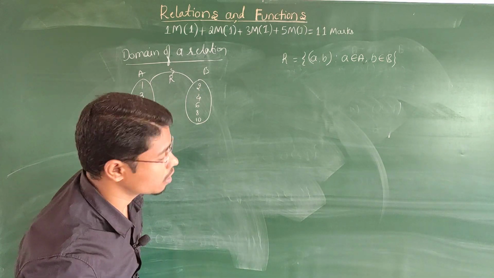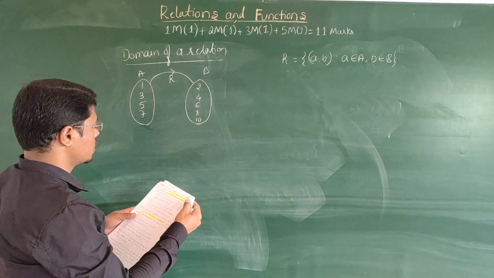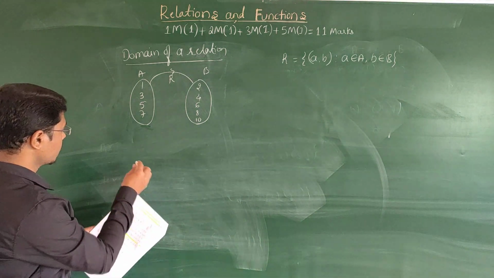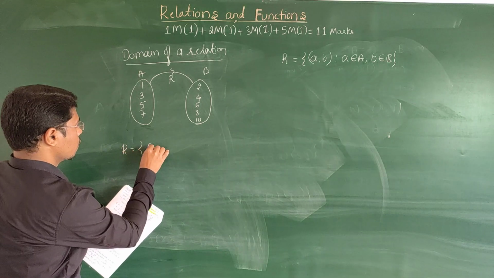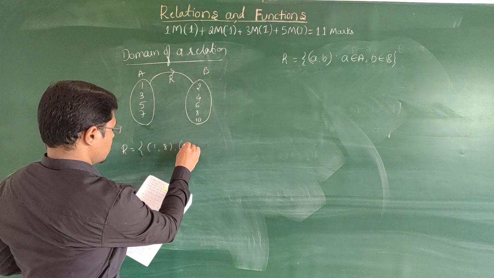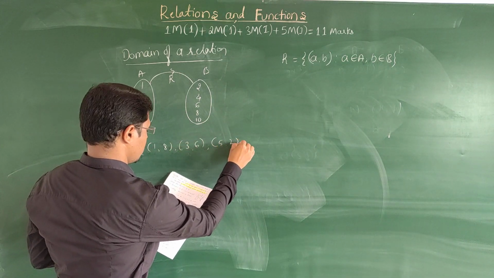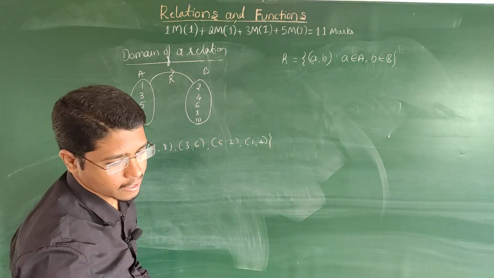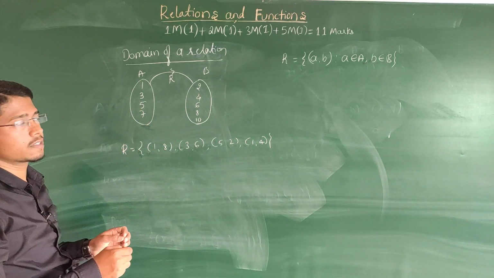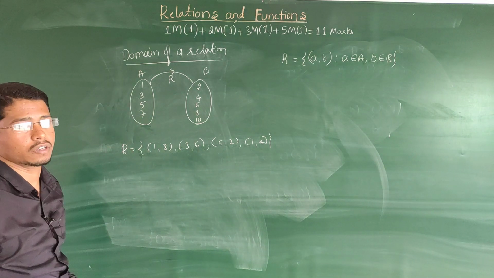Then the relation is defined as R is equal to (1, 8), (3, 6), (5, 2), (1, 4) is a relation.